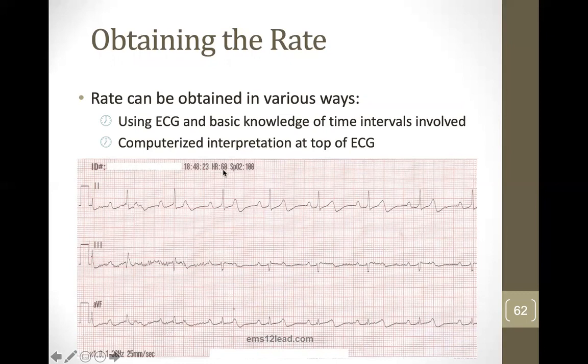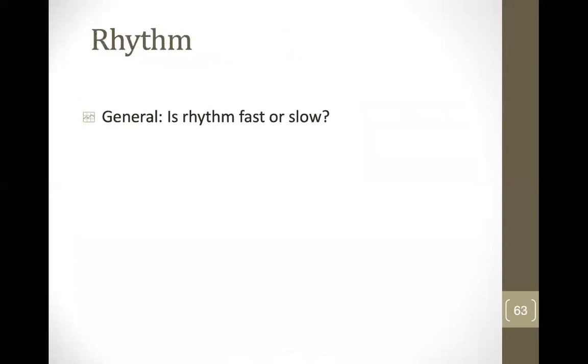So that's our rate. Now, if we go back and take a look at what these different rates are, we're trying to figure out, is this fast or is this slow compared to what a normal heart rate would be? Anything that is below 60 beats per minute would be considered bradycardia. Cardia means heart, brady means slow.